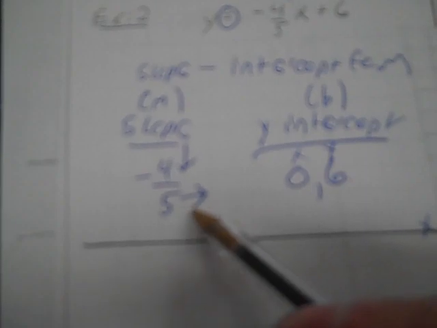And then this time it's rise over run, okay? Now since the 4 is negative, you go down instead of up. And the 5 is positive, so we'll go to the right, okay? Generally you always go to the right. Nothing really goes to the left. The bottom's kind of always going to be positive for us.